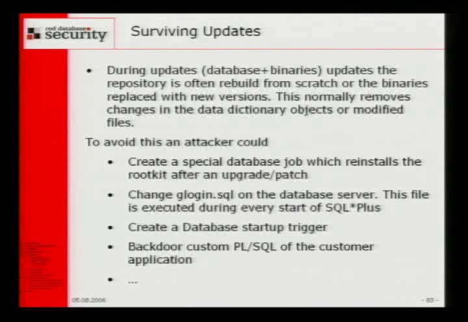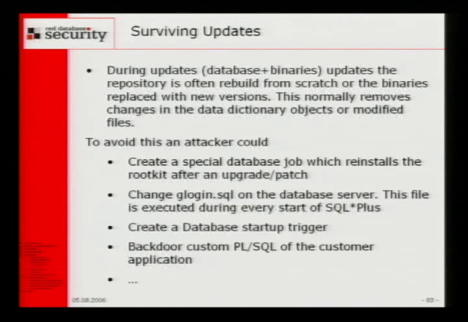So one of the big problems, I mentioned it already, is to survive updates. For example, what happens if you import or if you update the database dictionary or the binaries? Oracle rebuilds everything from scratch, and to protect our rootkit, we could create a special database job. I showed this already. Or we can modify the glogin.sql. This is an auto startup file on the database server.